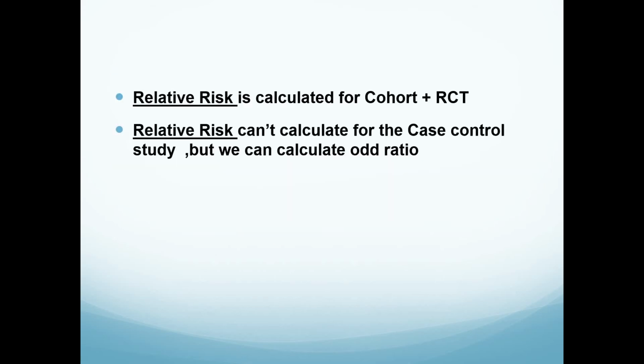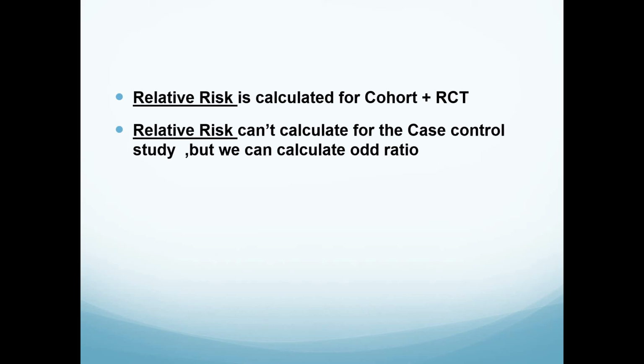Remember that relative risk is calculated for cohort and randomized control studies, whereas relative risk cannot be calculated for the case control study, but we can calculate the odds ratio. Why? Because in the case control study, you cannot look for the intervention.